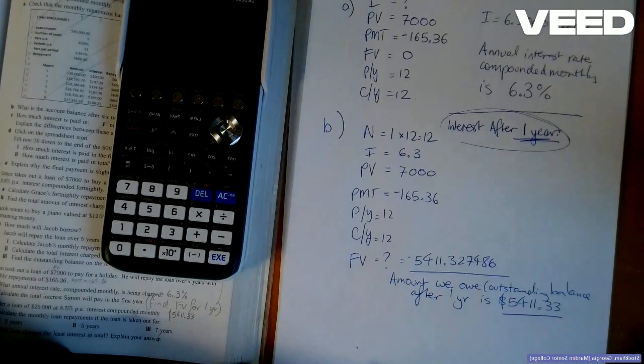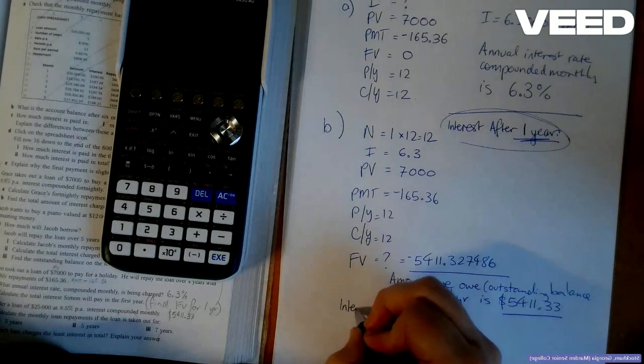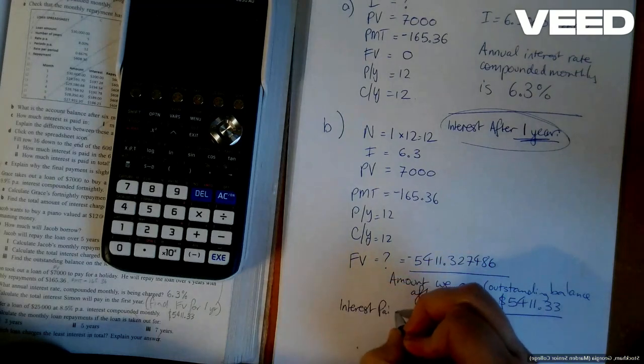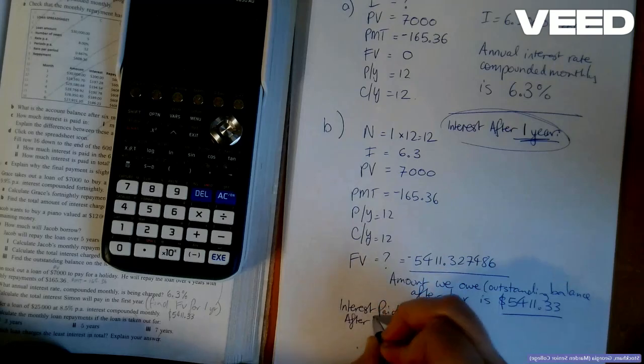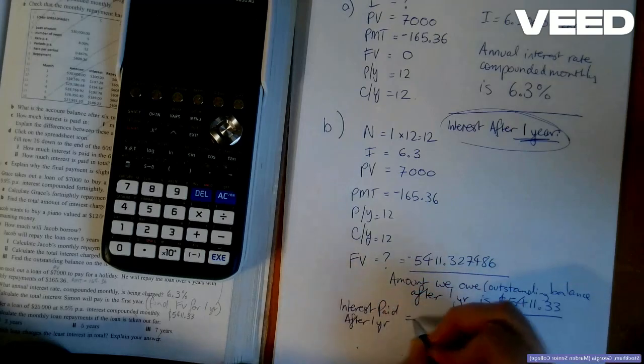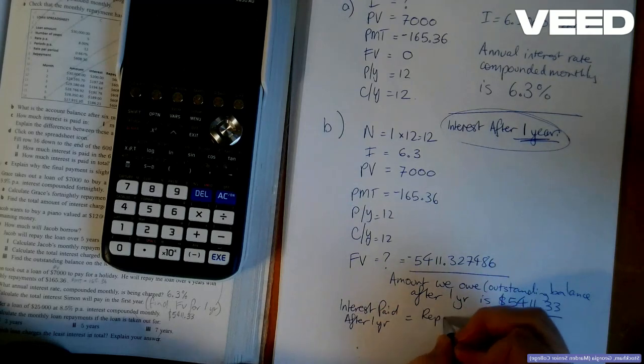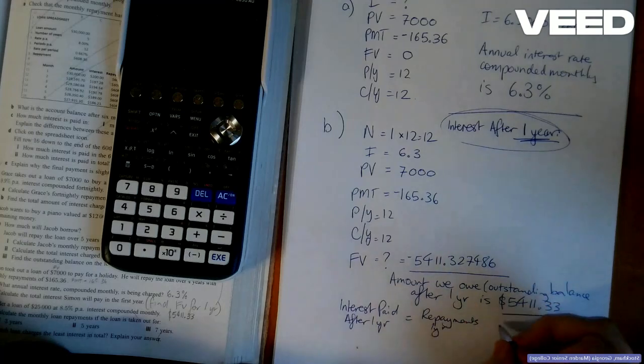After 1 year, we're going to have to return to the formulas that I was talking about. We're going to have our interest paid after 1 year. That's the repayments in 1 year, and we need to take away the balance reduction.